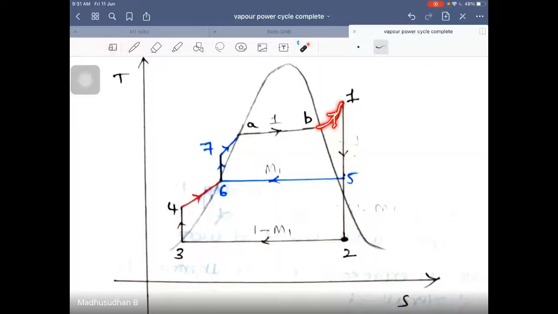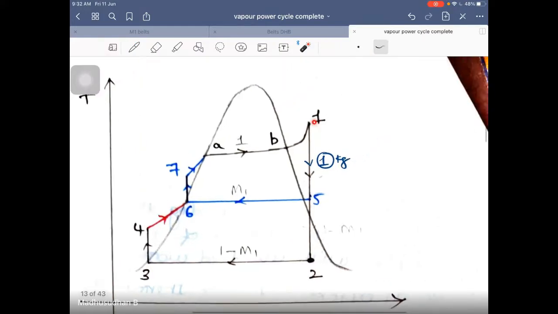So from all this point of view, there would be 1 kg of fluid coming here. Even here also, it would be 1 kg of fluid. From state 1 to state 5, some amount of fluid will be expanded, which is 1 kilogram, out of which M1 amount of fluid will be sent back for the regeneration.